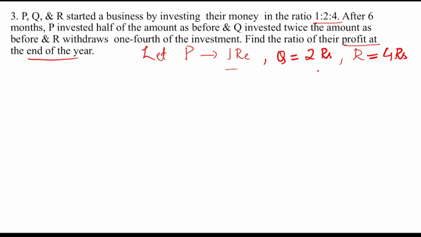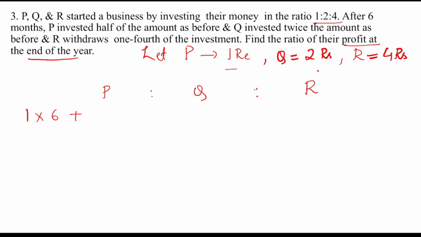Okay. Then what they have given for 6 months. After 6 months, P invested half of the amount. So till 6 months, P invested 1 rupee, isn't it? So P invested 1 rupee for how many months? 6 months. Because after 6 months, he is again investing some money.